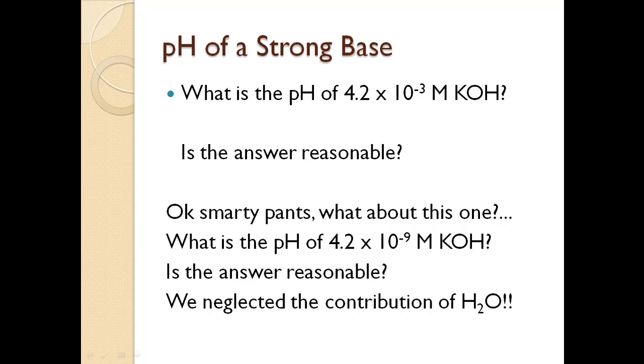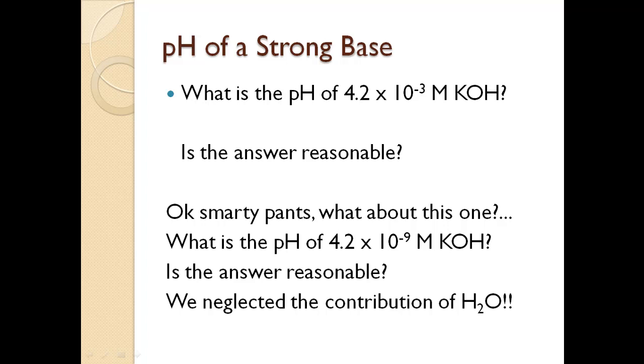If you take the pH of that, you'll see that you get 2.38. Now, is that answer reasonable? Of course it's not. It's a base, so it should be higher than 7. What's wrong here? We forgot to realize that this is the hydroxide concentration, not the H plus concentration.